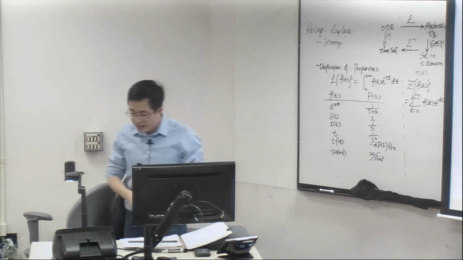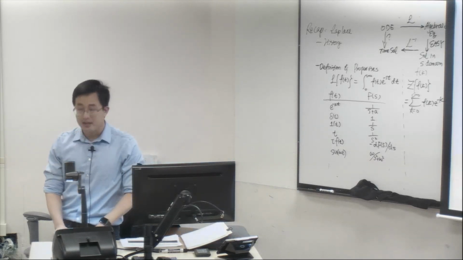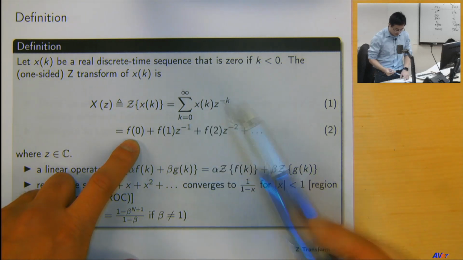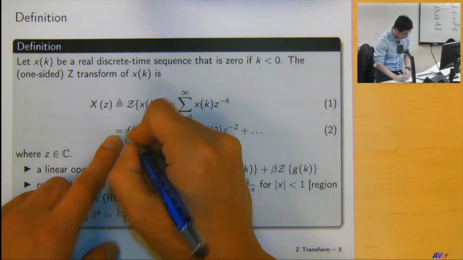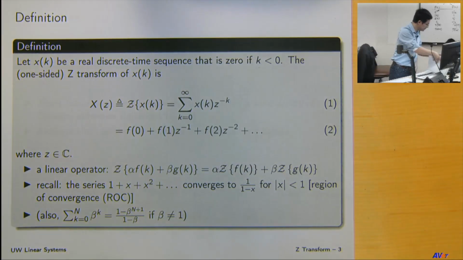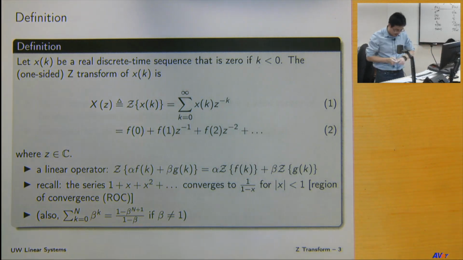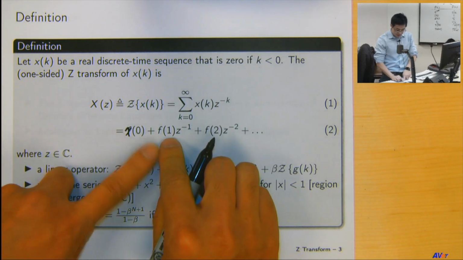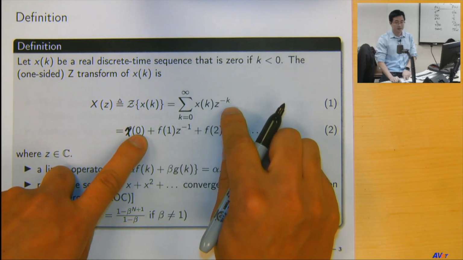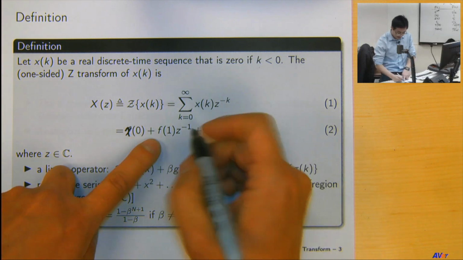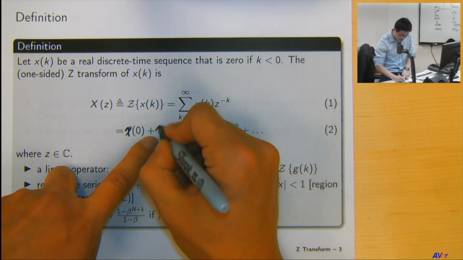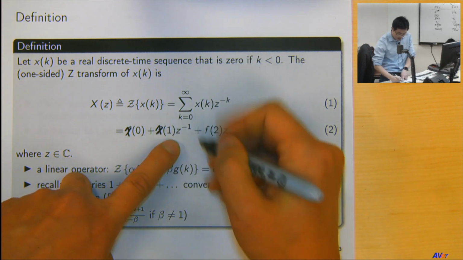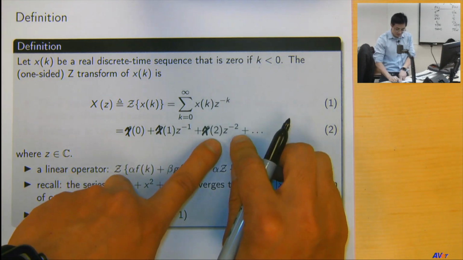If you write it out, when k is 0, you get x of 0 times z to the power of negative 0, that's 1. And then when k is 1, it's x of 1 times z to the power of negative 1, x of 2 times z to the power of negative 2, etc.